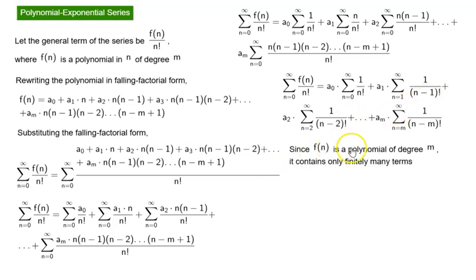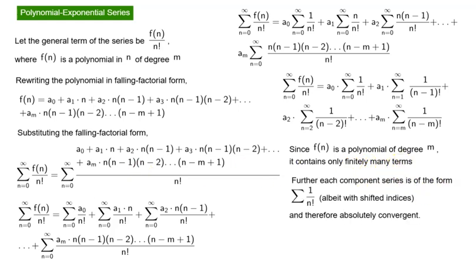Now, since f of n is a polynomial of degree m, it contains only finitely many terms. Further, each component series is of the form 1 by n factorial, albeit with shifted indices, and therefore absolutely convergent.